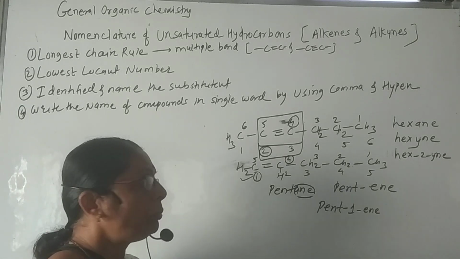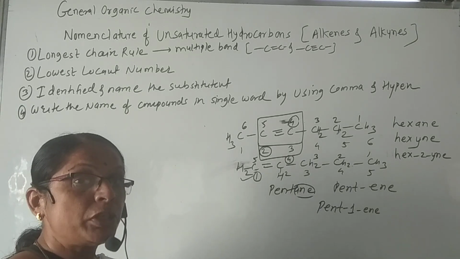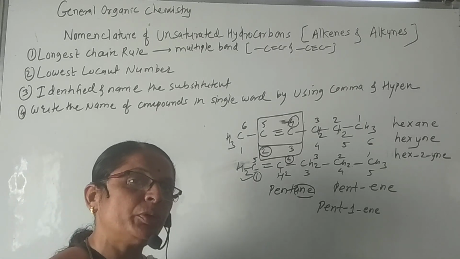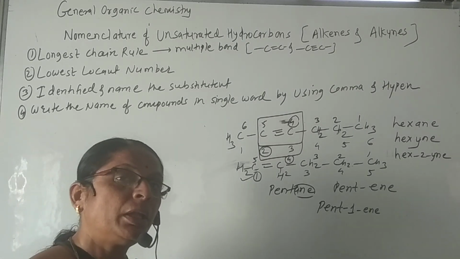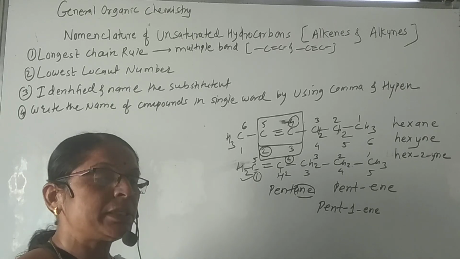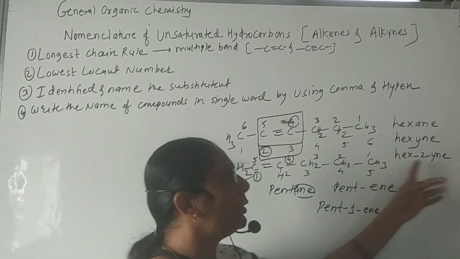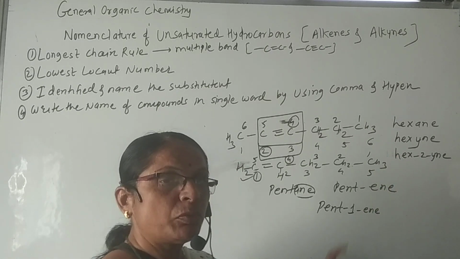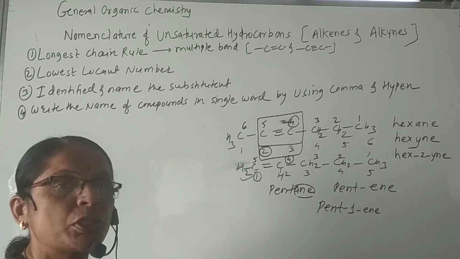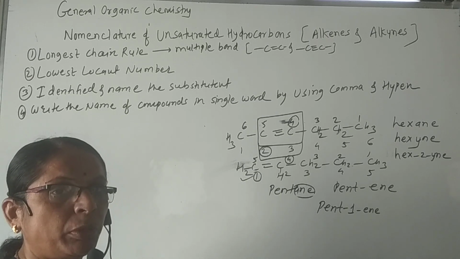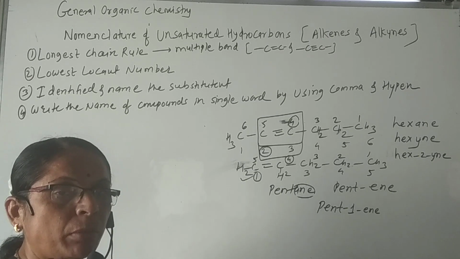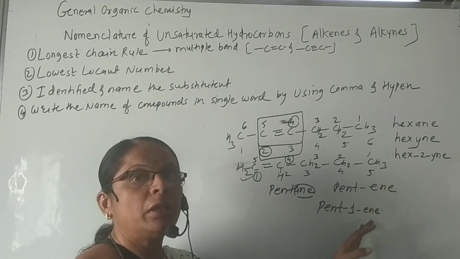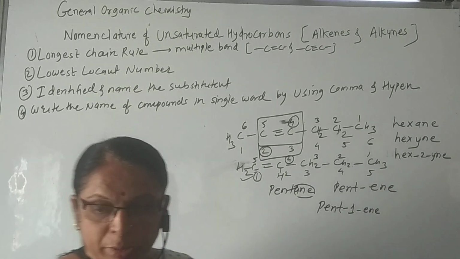Then place the locant number which indicates the position of your double bond or triple bond. That number is placed before your root word. So here I place 2 or here I place 1. Whatever the number that indicates the position of your multiple bond, that locant number, you have to place before your "ene" or "yne". So these are the 4 basic rules.